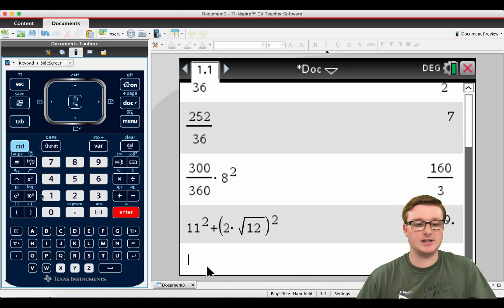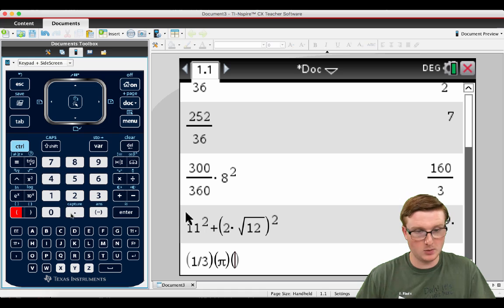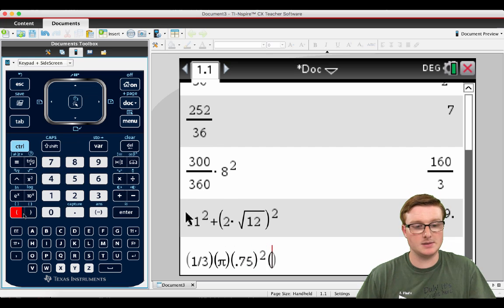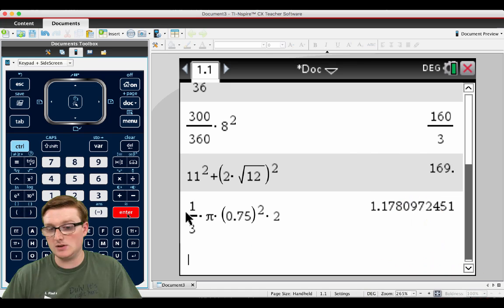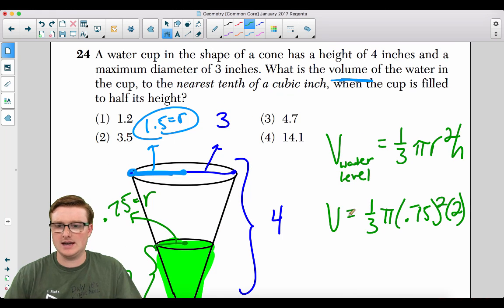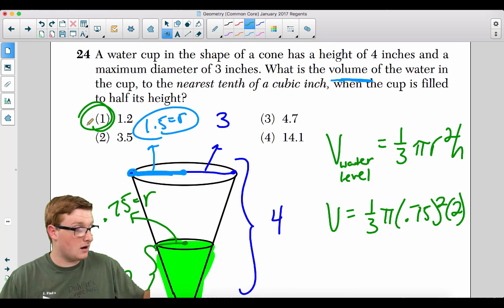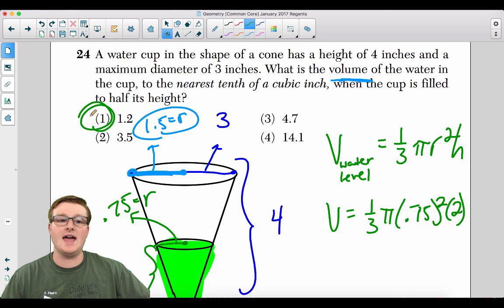When you plug this into your calculator, 1/3 times pi times 0.75 squared times 2, you get 1.18, or 1.2, because it says round to the nearest tenth. Yes, 1.2. And that is the volume of the cone when it is filled halfway.